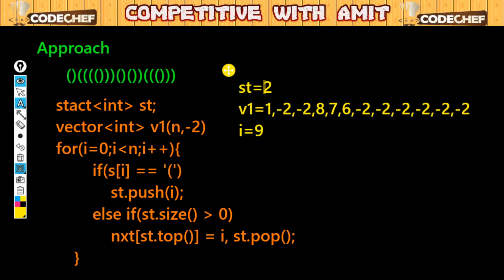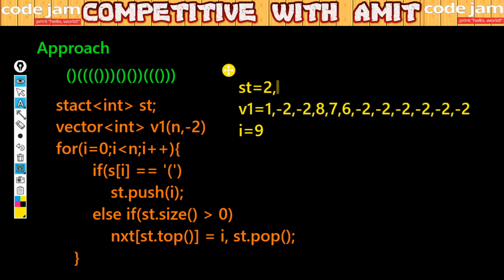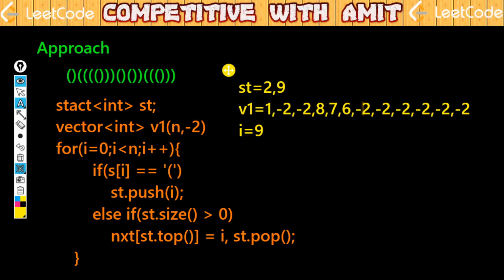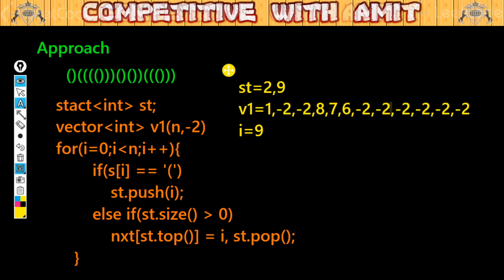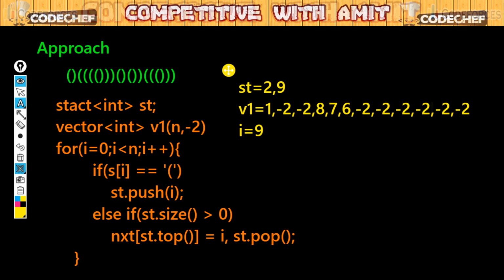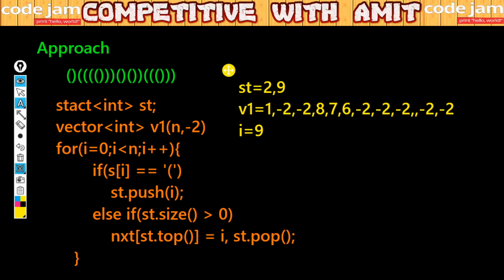So at 9 we'll find one more opening bracket, so we'll push back 9. Then on 10 we found the closing bracket, so here 7, 6, 7, 8, 9, and on 9 we'll push back the value 10.